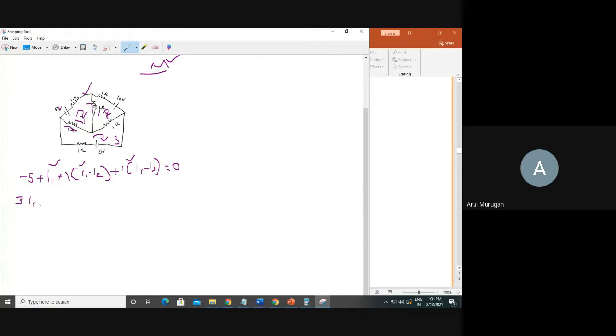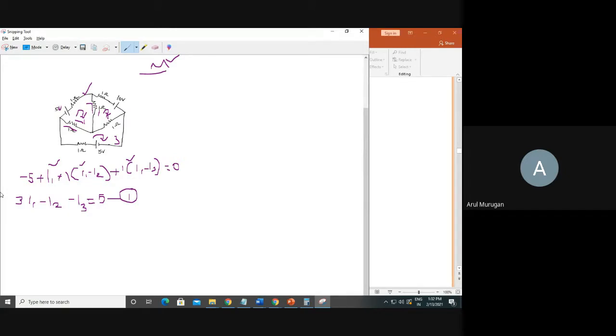Minus I2. How many I3s are there? Minus I3. It is equal to, this minus 5 moves to the opposite side, plus 5. This is equation number 1. Completed. So that's all, equation 1 is derived.